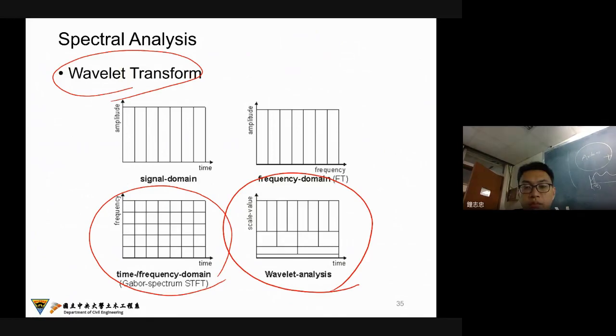If you look at the low frequency spectrum, maybe you need a long time period. If you look at a high frequency spectrum, maybe you need a short window length. So you need to change.